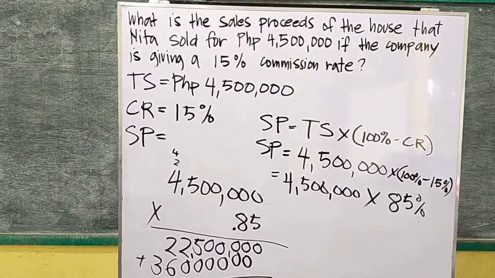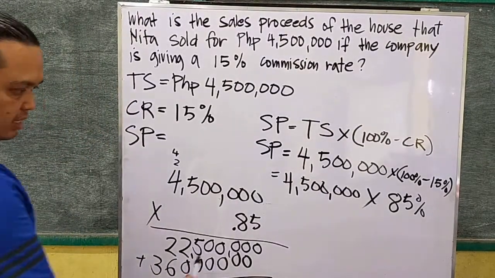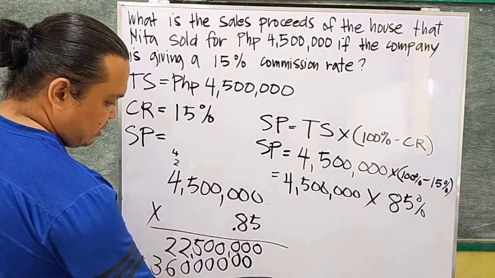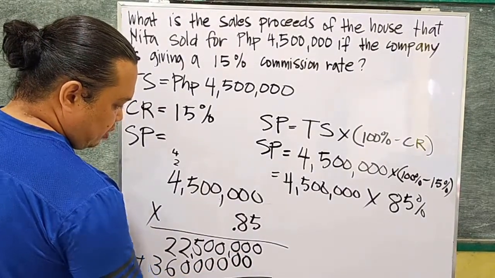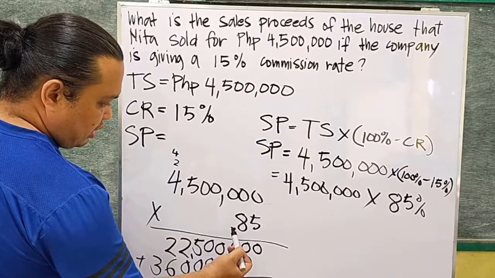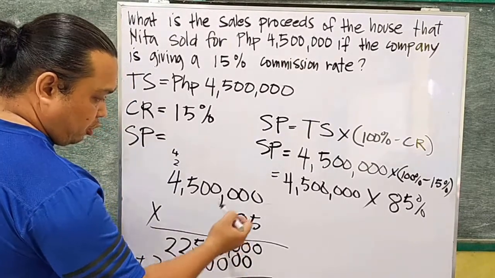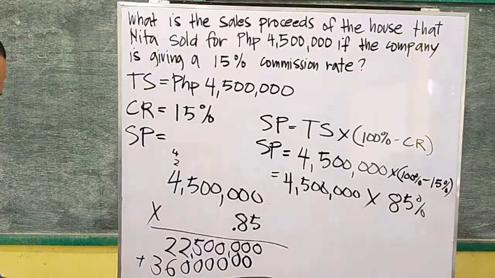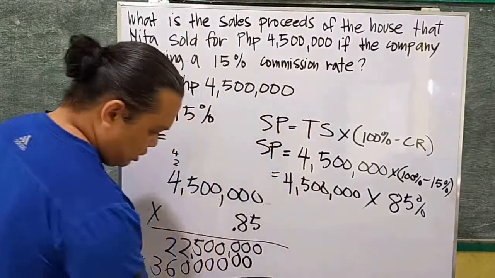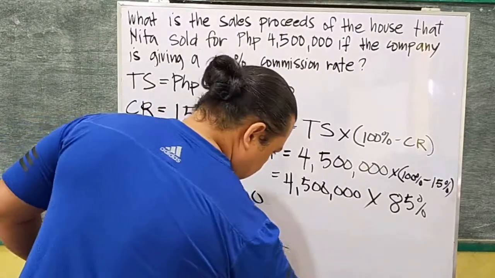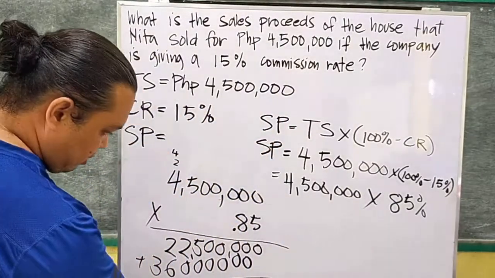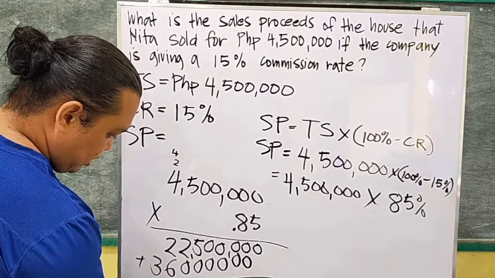Okay, so where do we put the decimal point? 2 steps to the left from the rightmost, so 1, 2. Why? Because we have 2 digits after the decimal point from our factors. So if we are going to erase the 2 zeros here, what is left is, let's put a comma, 1, 2, 3, comma.